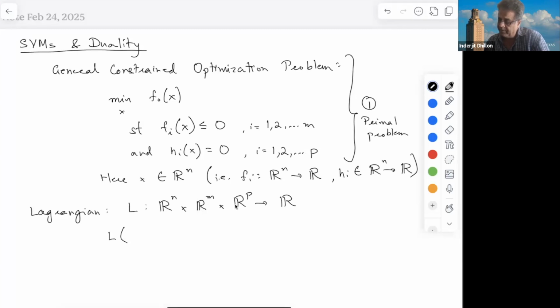In particular, we have these Lagrange multipliers lambda and nu.